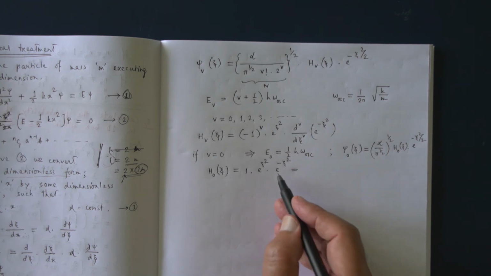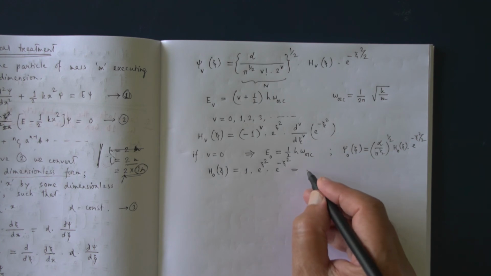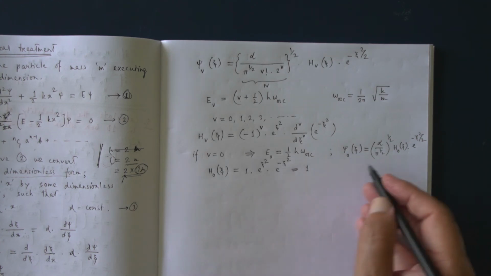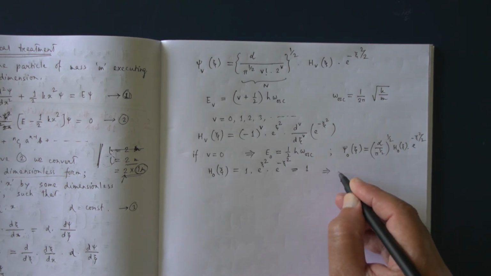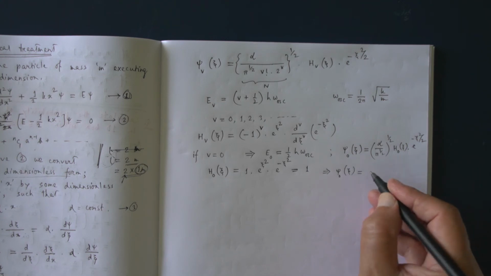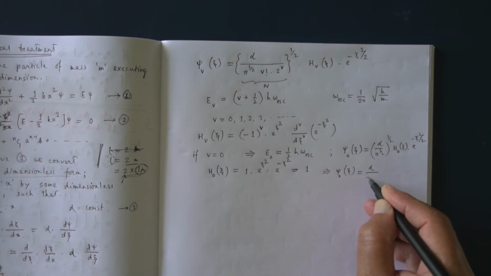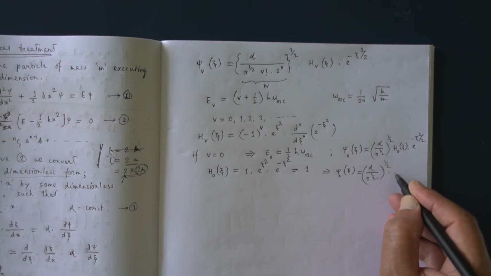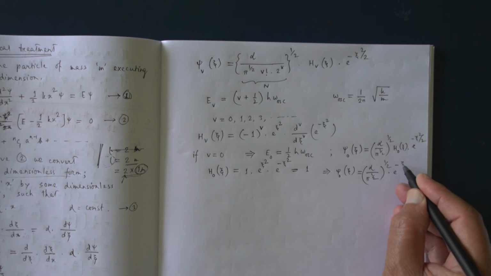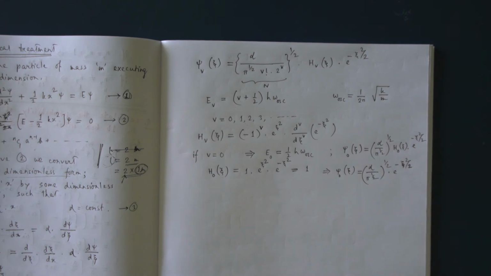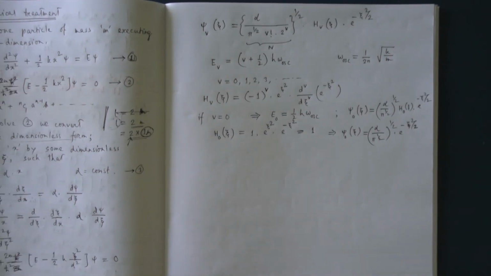So e to the power x, e to the power minus x equals e to the power 0, that means 1. So what is psi 0 of xi? Psi 0 of xi is equal to alpha by pi to the power half, whole to the power half, into e to the power minus xi square by 2.